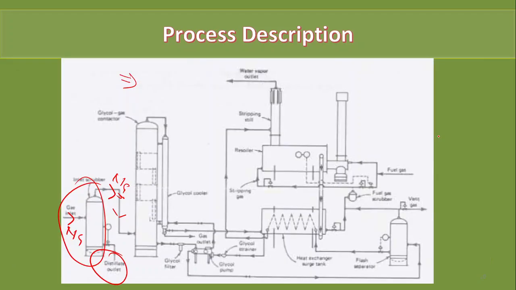If you look at this diagram, we have to cool this down because it is at a high temperature. This is the solvent and this is the natural gas, so both interact here. Now this is a dry natural gas, dry meaning without water. This is a cool down basically.